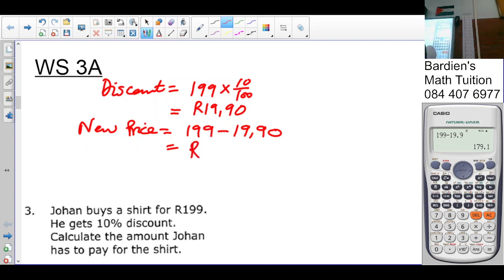When you're working with rands and cents, you always round it off to 2 decimal places. You understand?